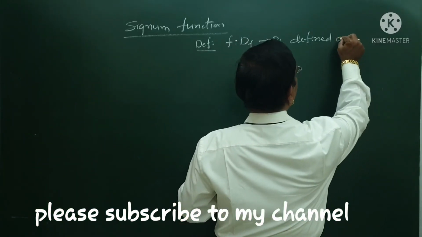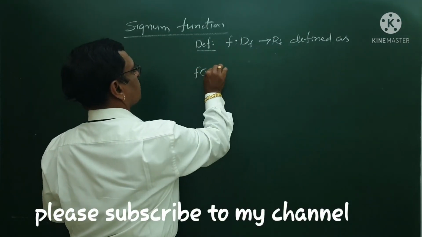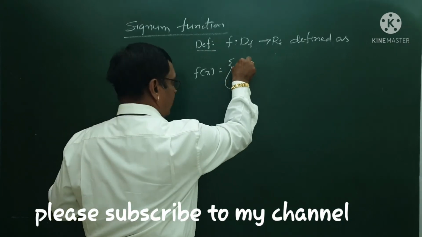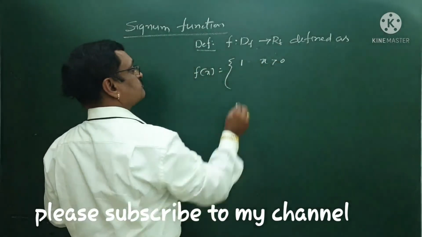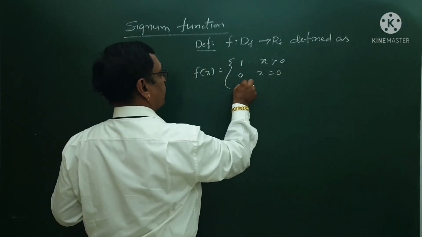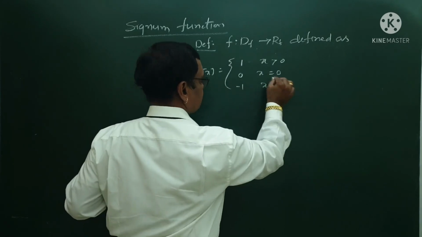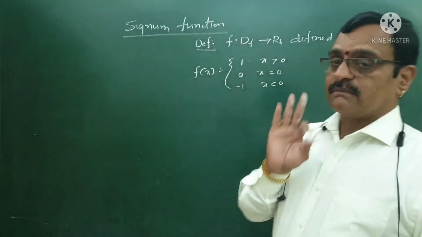Define f of x is equal to 1 when x is more than 0, 0 when x is equal to 0, minus 1 when x is less than 0. So it generates only 3 numbers.